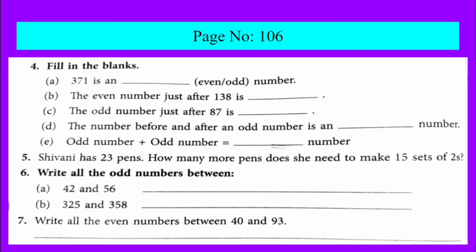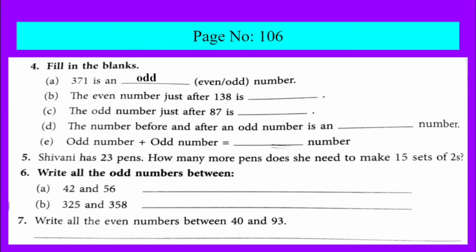Now 371 ends with the number 1. So children, it is even or odd? Yes, it is an odd number because it ends with the number 1. The numbers ending with 1, 3, 5, 7 and 9 are odd numbers. Therefore 371 is an odd number. So we will write odd over here.